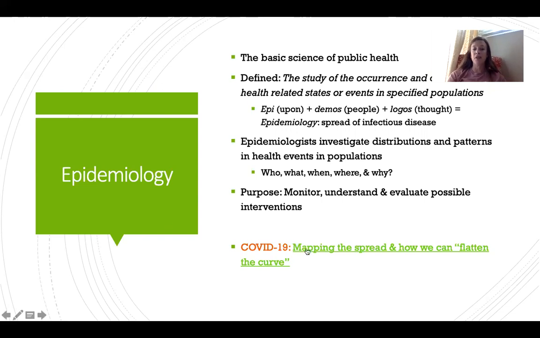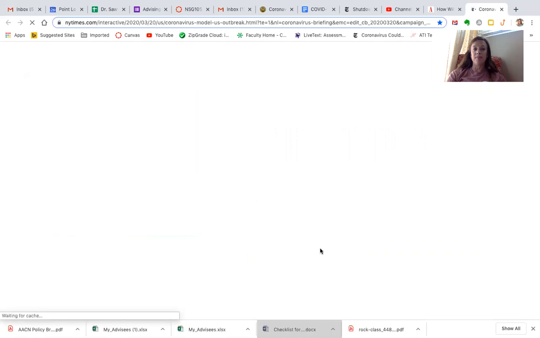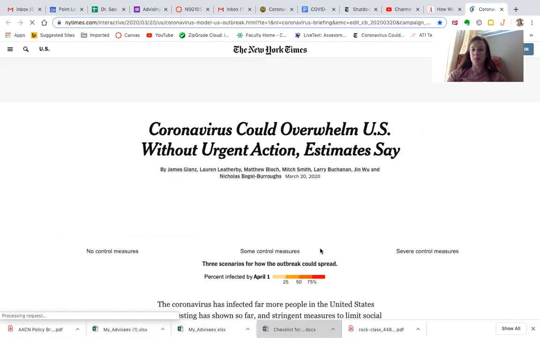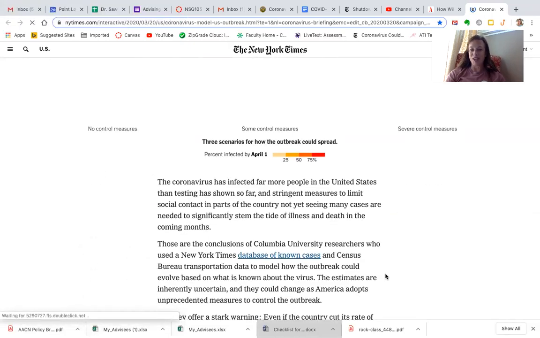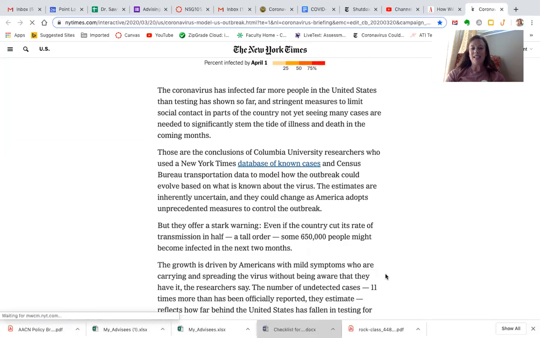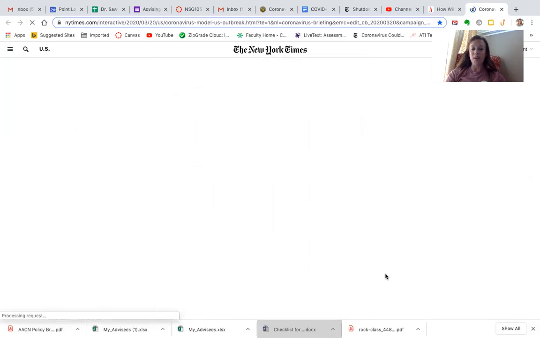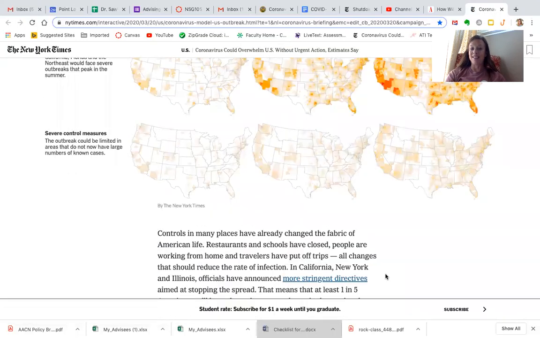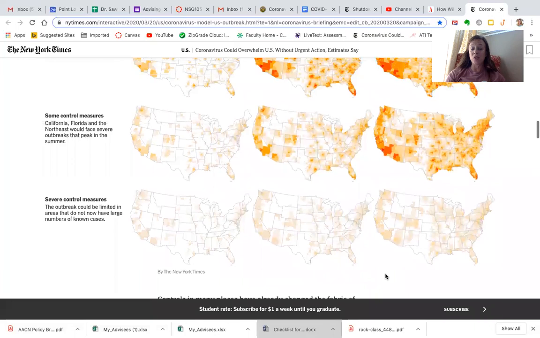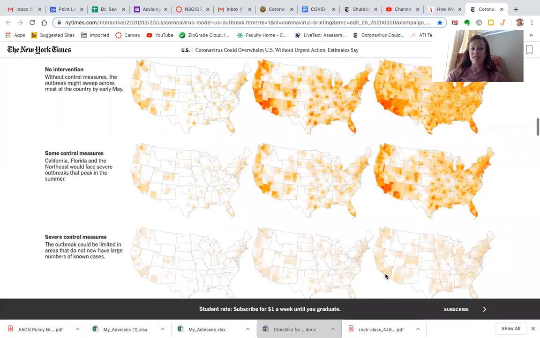So my first example here for you is this article from the New York Times, which is my primary source of information related to the coronavirus. And this article, I won't read it for you here, that's your job to read more about it, is basically showing you what will happen if we don't institute extreme social distancing and quarantine measures.